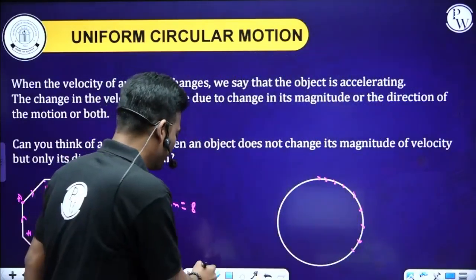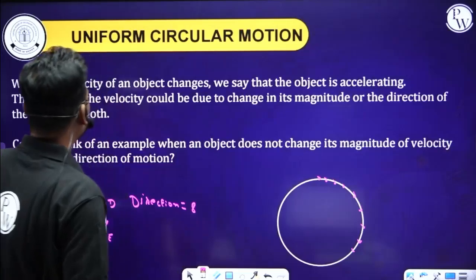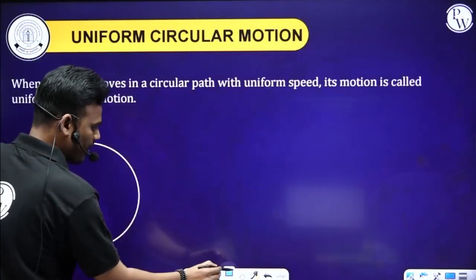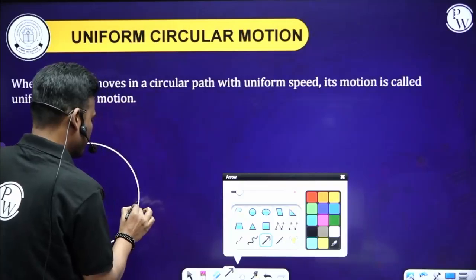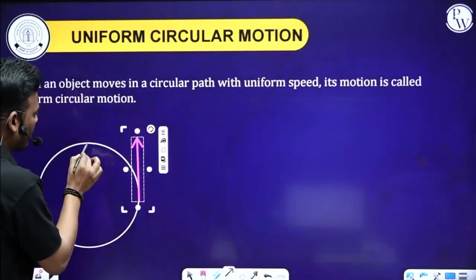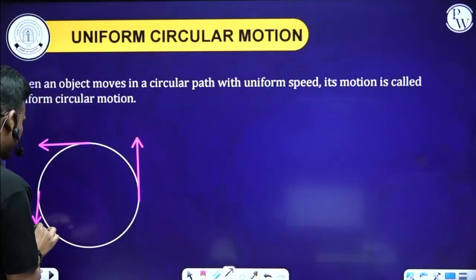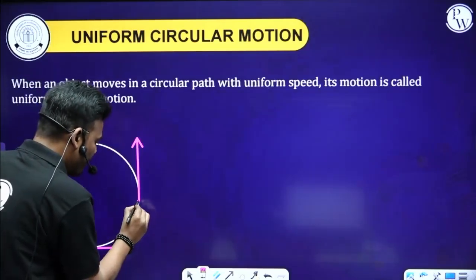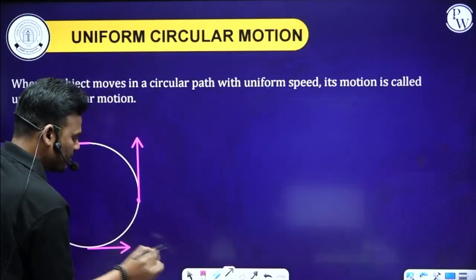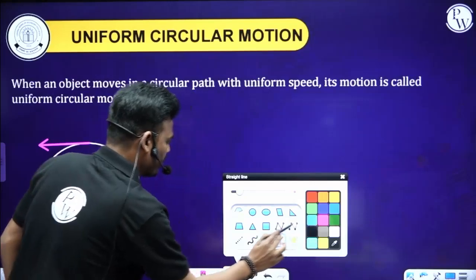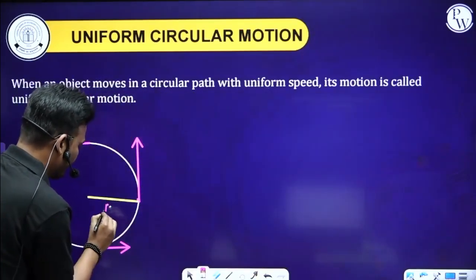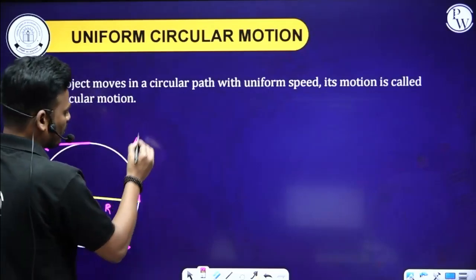As the direction of a particle changes, next slide. In this particular case, let me consider this is the first interval, this is the second interval, this is the third interval and this is the fourth interval. At every interval of time, let's consider this is the radius of a circular track, and the velocity is in this way.